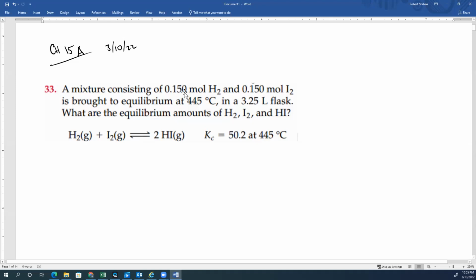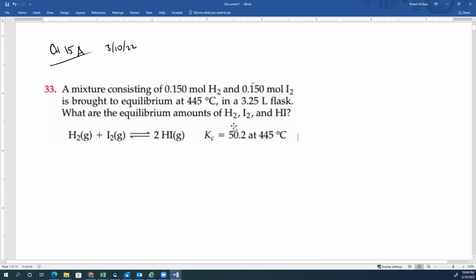Usually I do all the problems the long way, and then after doing it the long way, you look for shortcuts. Here, I can already see a shortcut. I could do the ICE in moles, and I don't have to do the ICE in molarity. The reason is that I have 2 moles of substance on the left and 2 moles of substance on the right.